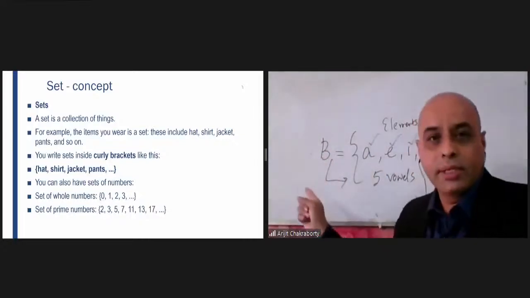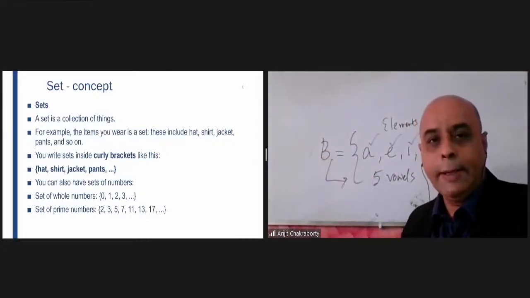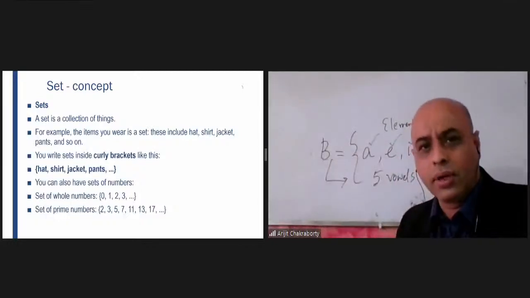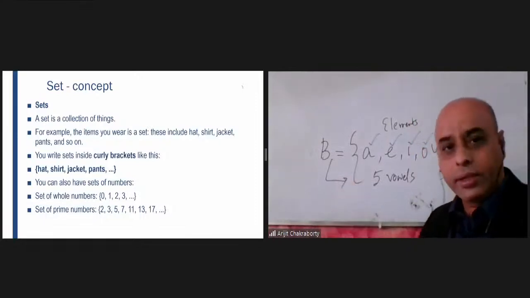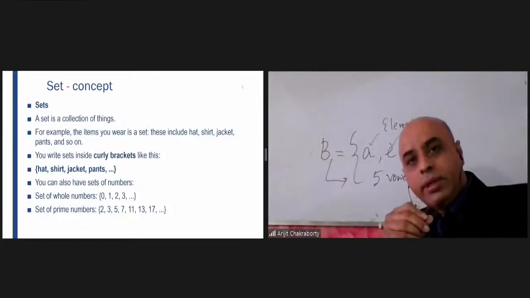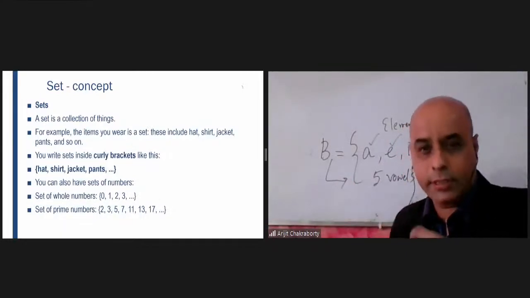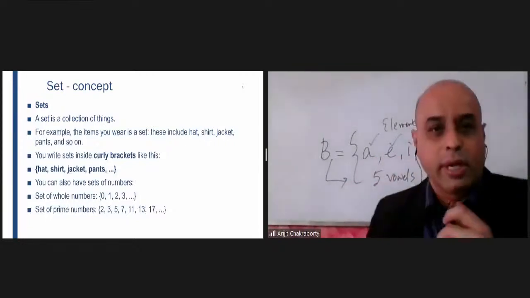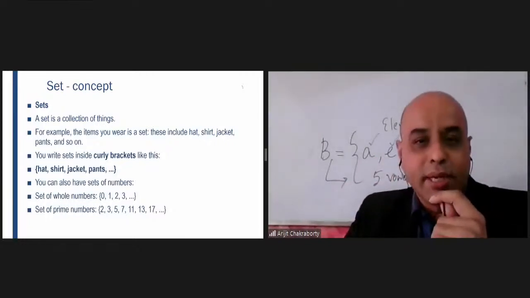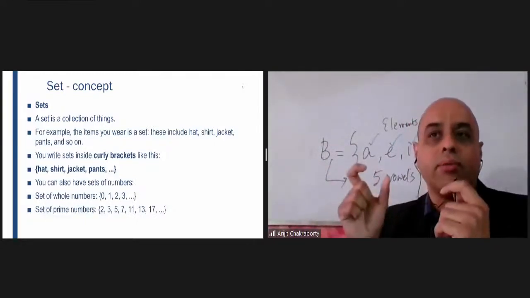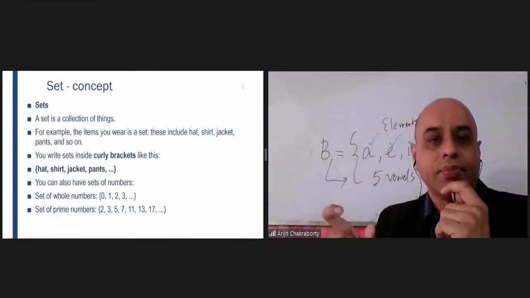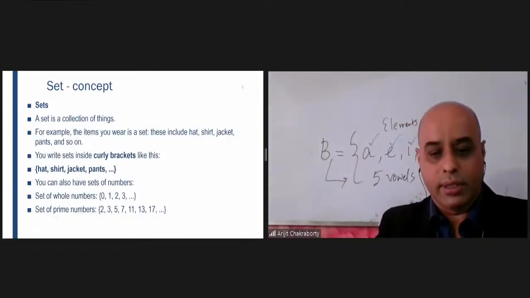The name of the set, set A, set B, set C, set X, Y, Z, whatever you call it, that will be usually denoted in capital letters, block letters, and the elements, that is the members of the set, usually denoted with small letters. Of course, in case of numbers, there is nothing called capital or small letters, but when we take words or letters, we usually write it with small letters.